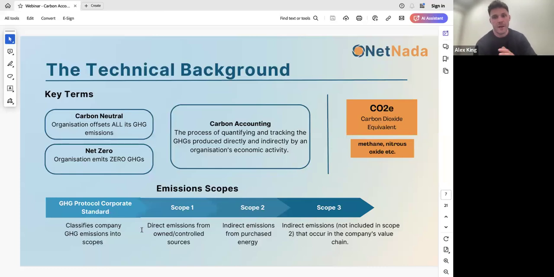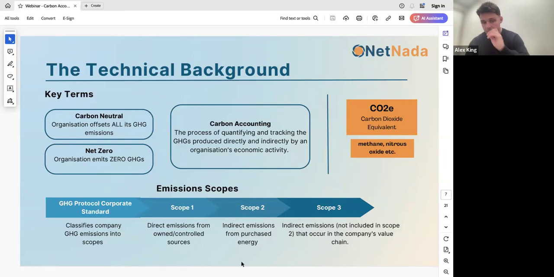What we're doing is making it much more efficient, much quicker, and much more affordable to calculate your carbon emissions based on the methodology outlined within things like the GHG protocols, the corporate standard, because this is what large corporates and companies and governments are reporting to.